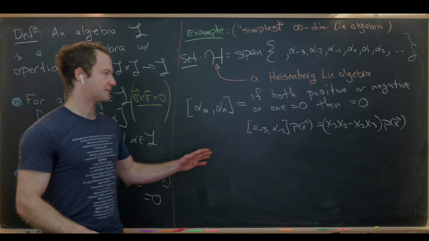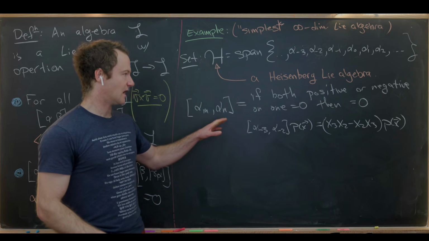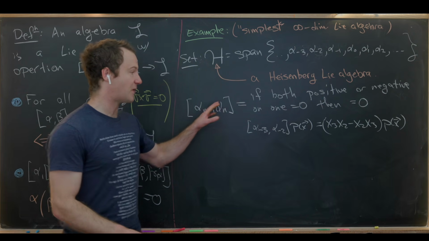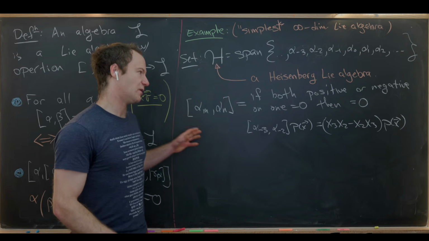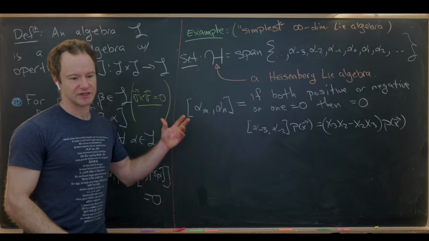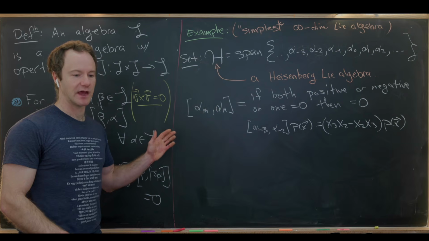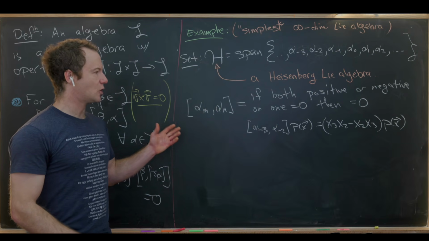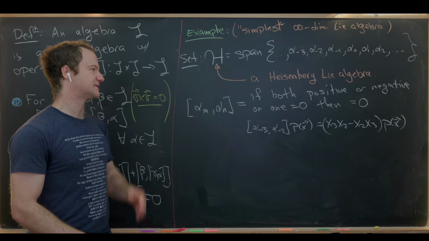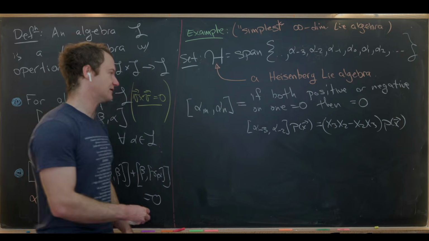So we'll get 0. And likewise, if we do them both positive, we'll also get 0 because polynomials satisfy the rule that you can change the order of partials and you're okay, right? So that means the only interesting case is when one is positive and one is negative.